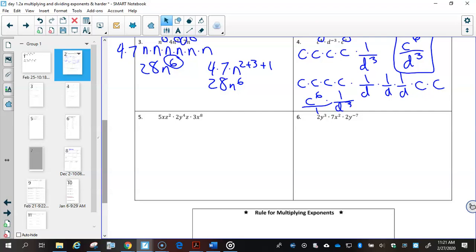Any ideas? We know we need to add the exponents, but we can't add them always if the variables are different.